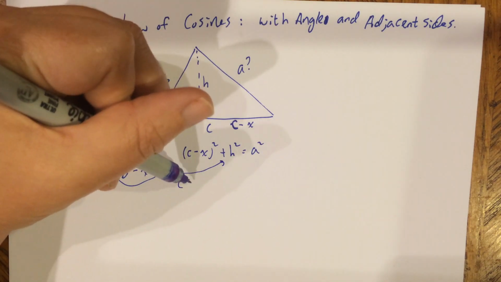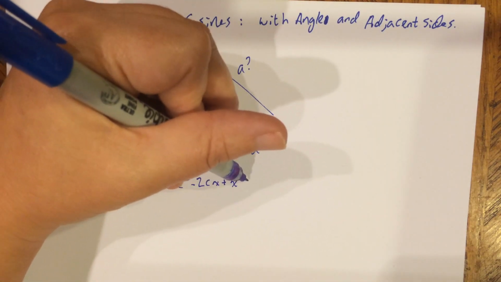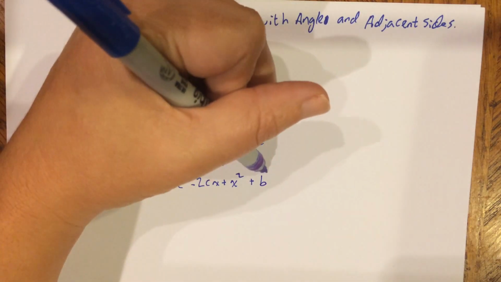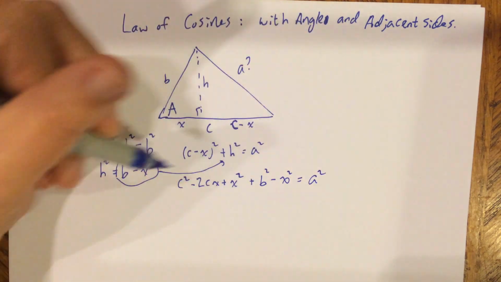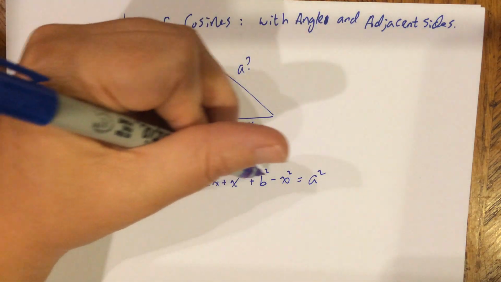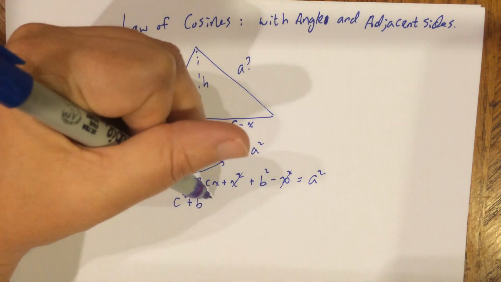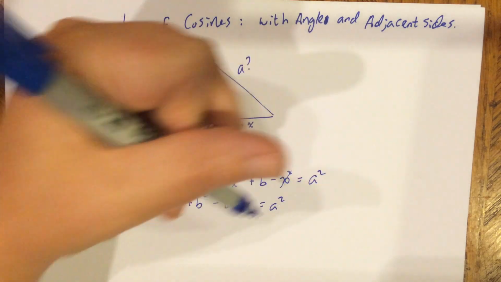So I should get c squared minus 2cx plus x squared. H squared was b squared minus x squared equals a squared. Well, this is getting a little bit better. X squareds cancel. So c squared plus b squared minus 2cx equals a squared.